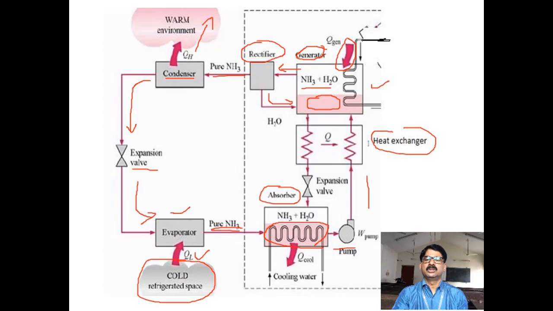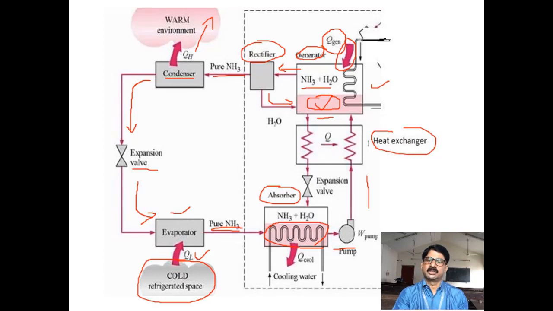but you can see there is a heat exchanger used between the generator and the absorber. The purpose is, you see here you are supplying heat to this strong ammonia water solution. So this is hot now. So this has heat. If you recover this heat by passing it through the exchanger and give it back to the cold strong ammonia water solution, then the Qgen that you would supply may be reduced.